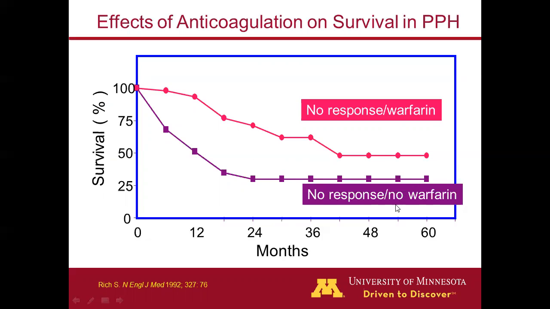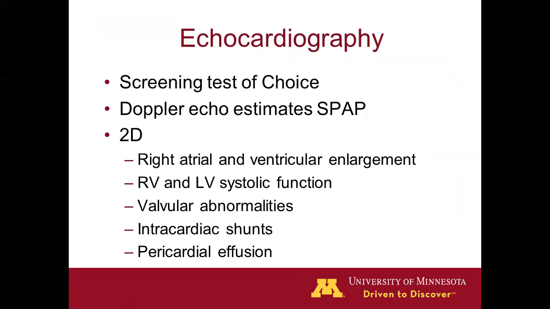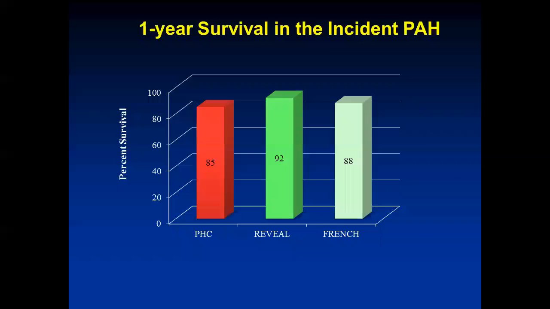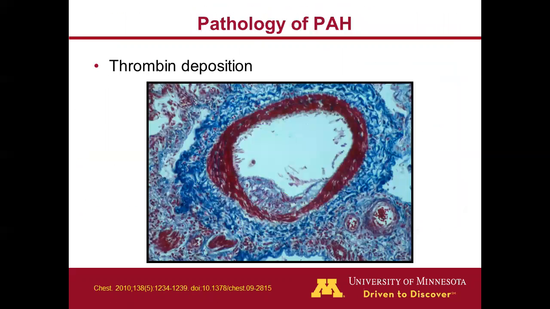What is the biological basis on which one would give Coumadin? In patients with pulmonary arterial hypertension, in the small blood vessels, in addition to the vascular remodeling, there is in situ thrombosis. You can see here a small resistance pulmonary artery, 200 microns in size, and this red stain is all thrombus.